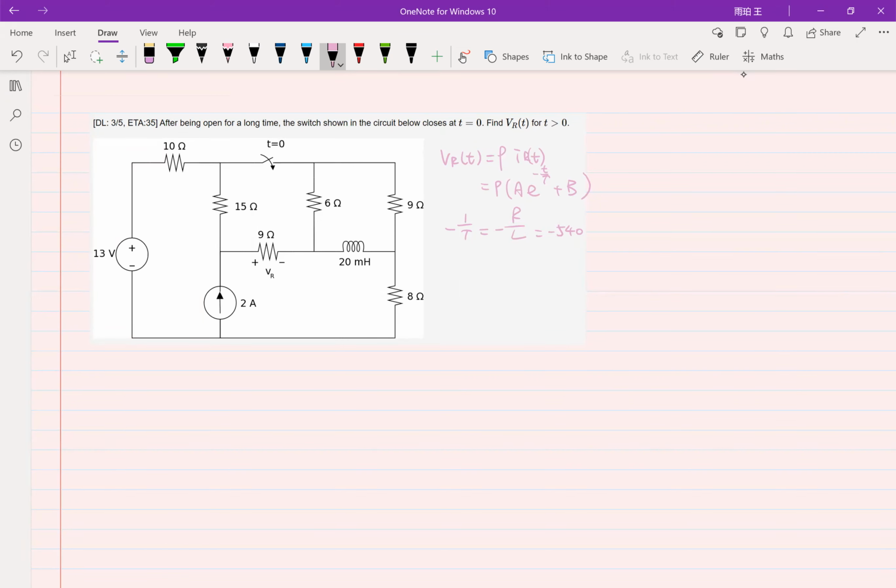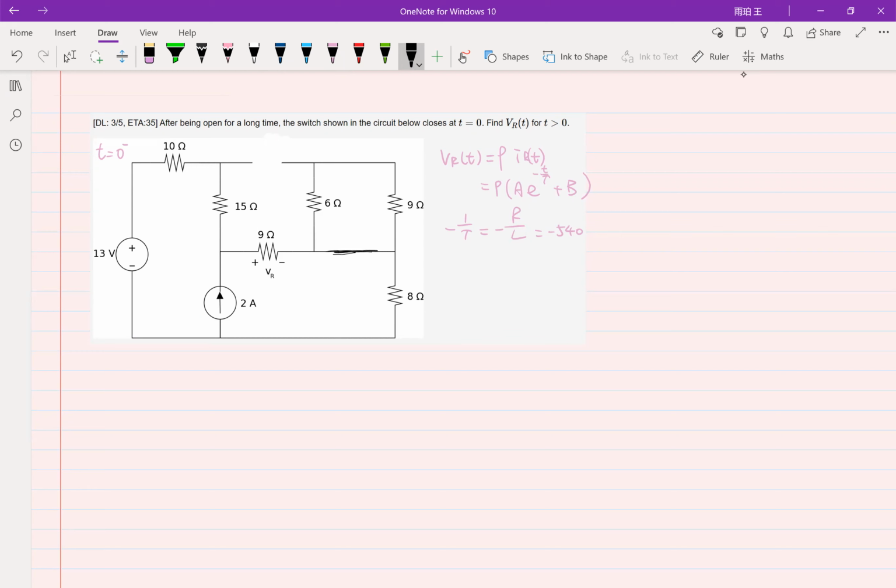Okay, so at t equals 0 minus, before the switch was closed, this doesn't exist. Because the switch has not been touched for a very long time, the inductor is going to be short-circuited.